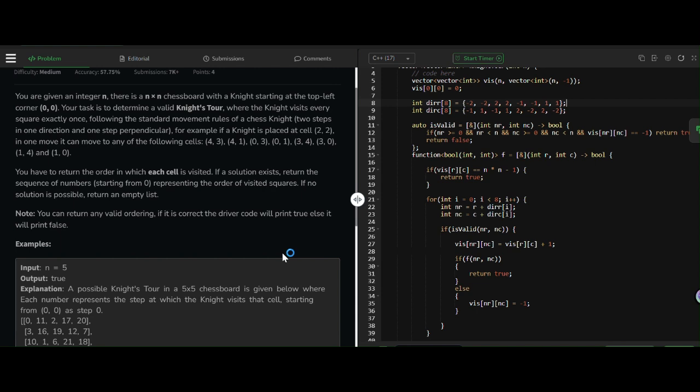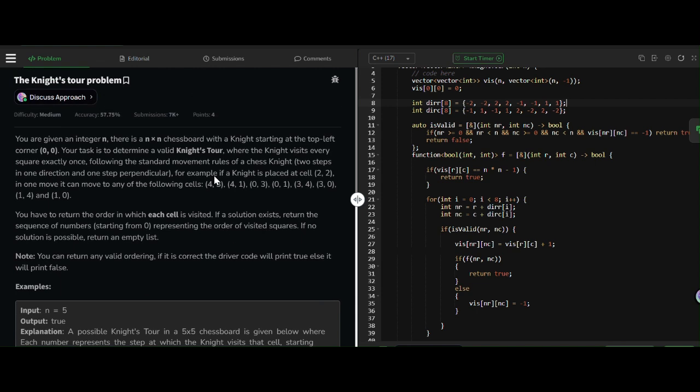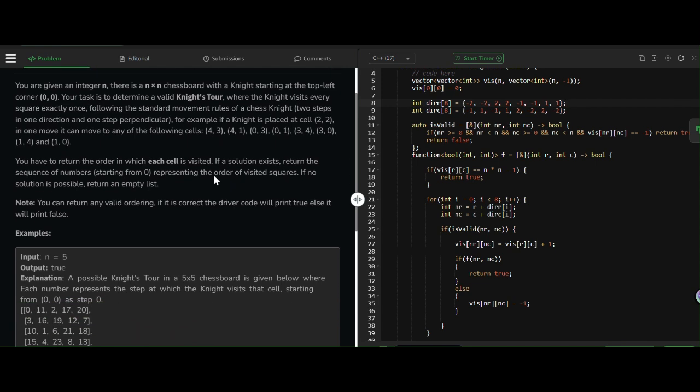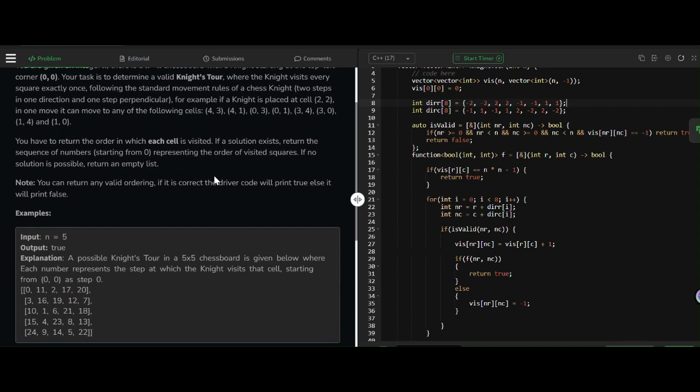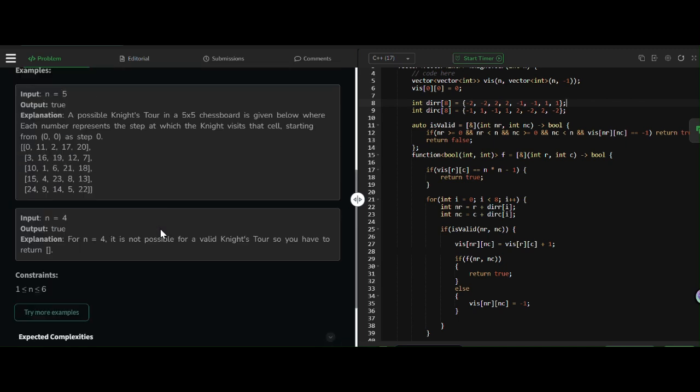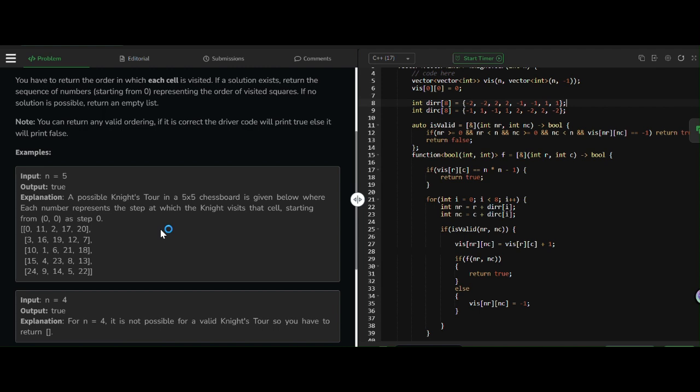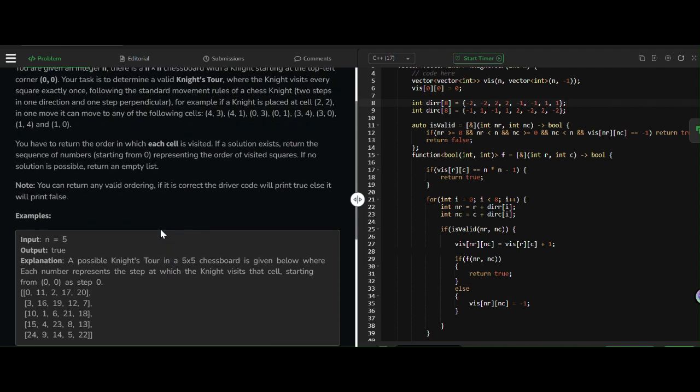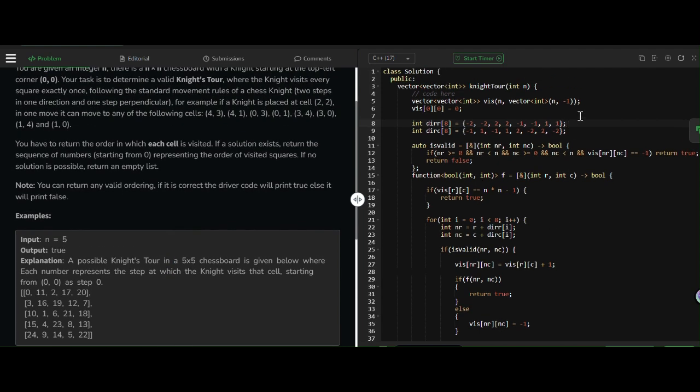And if I visited all the cells of the chessboard, it means I have found a particular path, right? So I will return that particular path. So basically, I have to use another board which will be storing the move number, basically to output the answer. So yeah, now we have a clear vision.